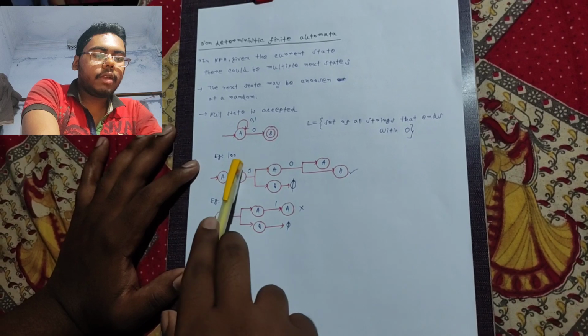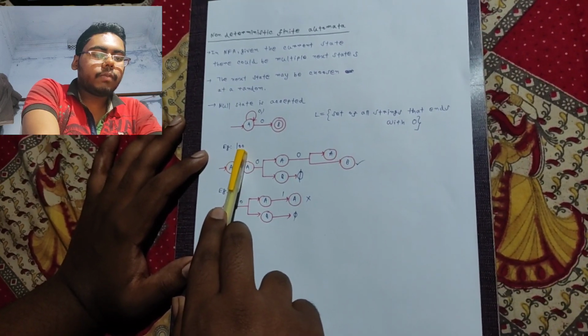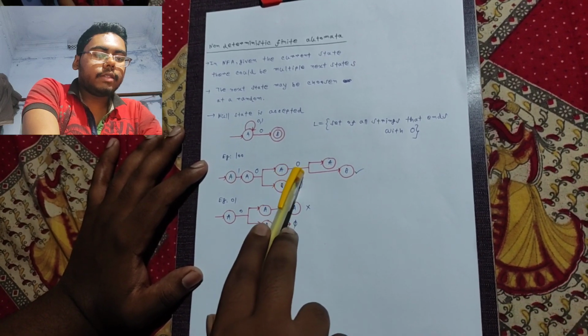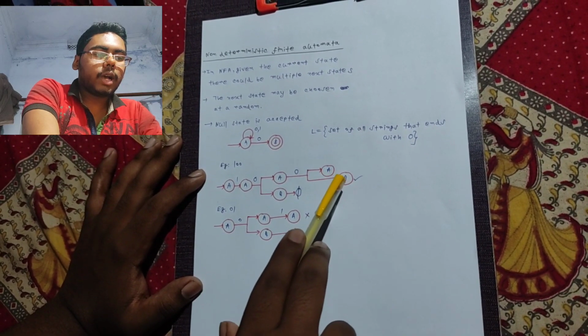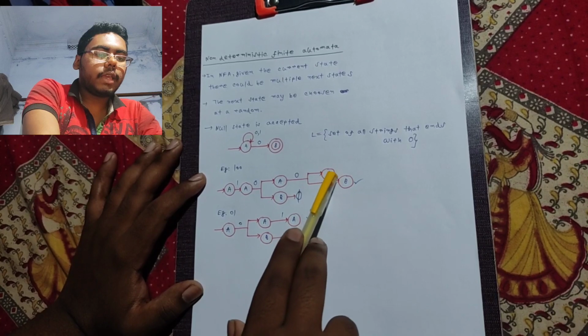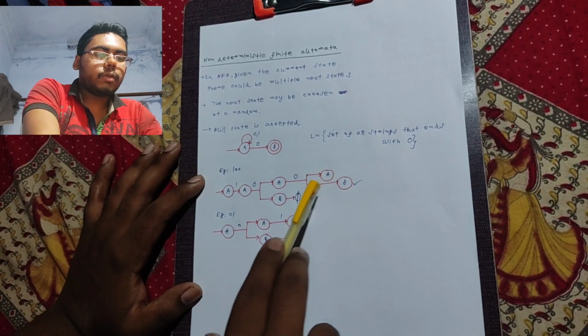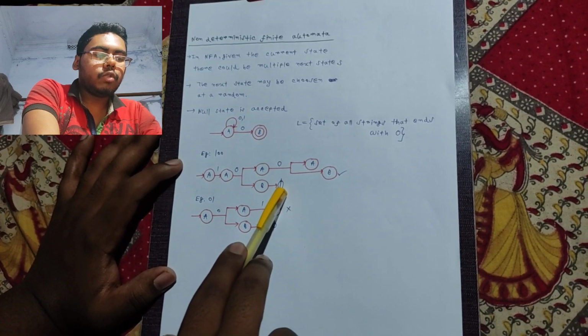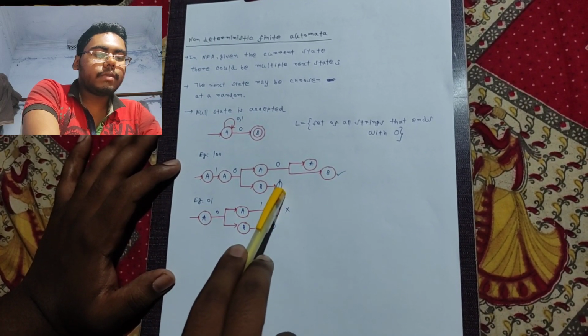But in A we give another input, 0. If we give A 0, then there are two possible next states, which are A and B. But if in B we give 0, then there is no next state, so it becomes null.